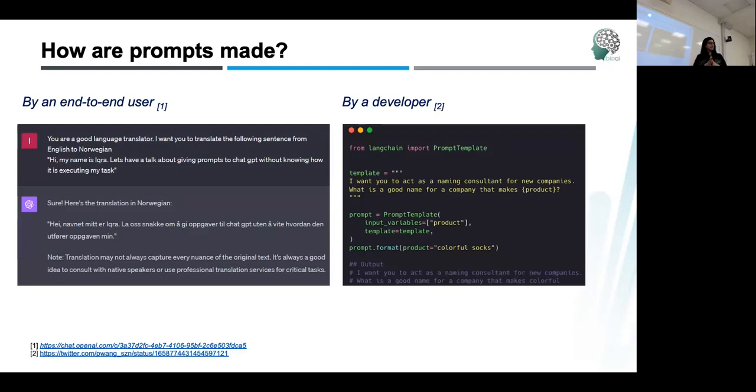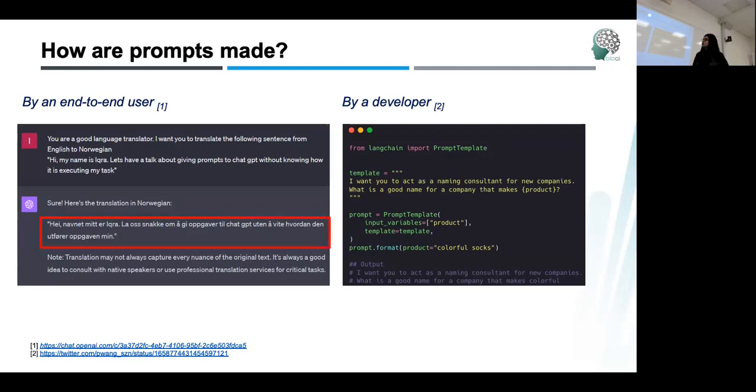Whenever you think about prompts, you think in two ways: from the end user's perspective and from how developers build them. For the end user, like you and me using some pre-built application, how do we write a prompt? And from the developer's perspective, how do developers curate the prompt to solve the problem?